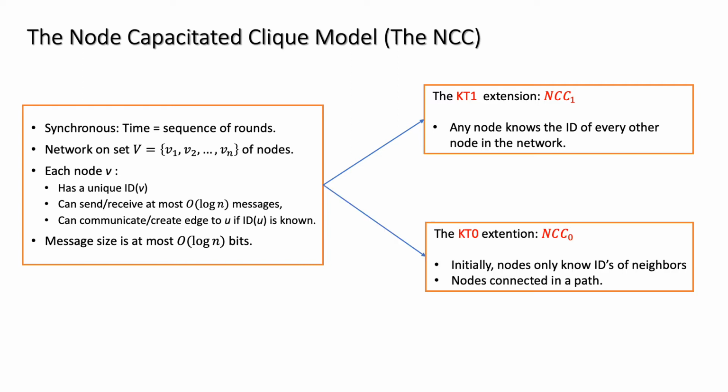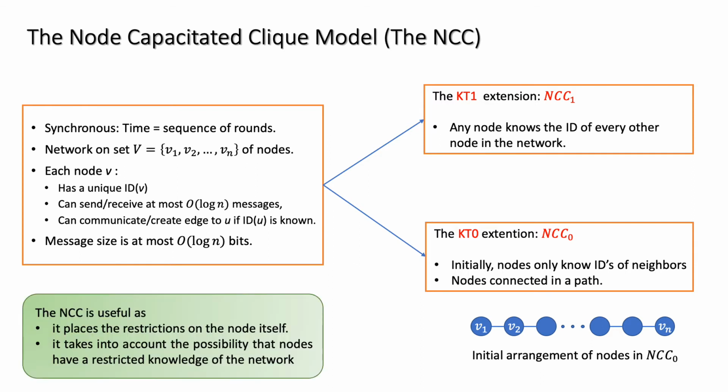In NCC0, on the other hand, each node only knows the IDs of a few other nodes. Formally, each node knows only the IDs of its neighbors in some directed initial knowledge graph. For concreteness, in this work we assume that the knowledge graph is a directed path consisting of n nodes arranged in some arbitrary order.